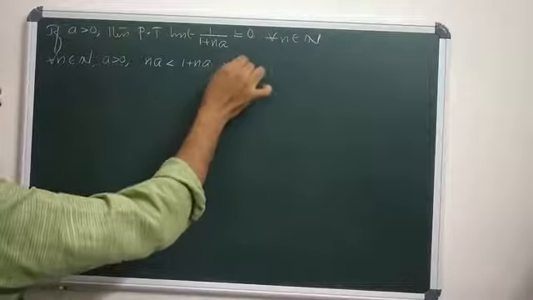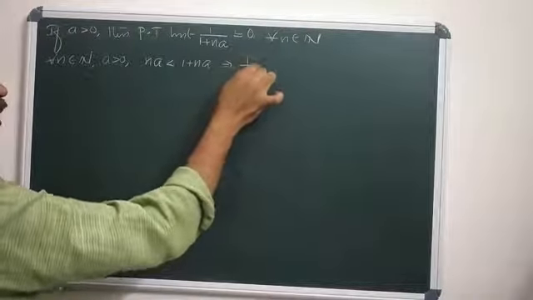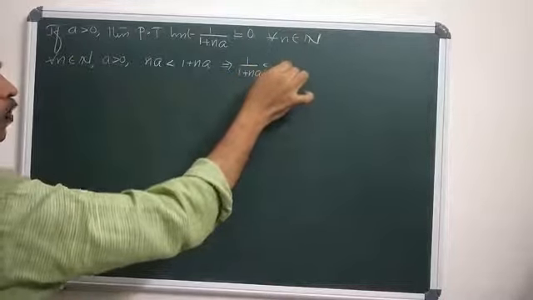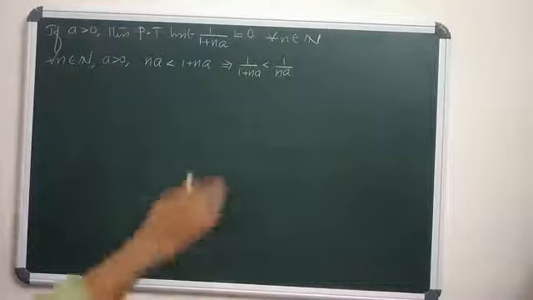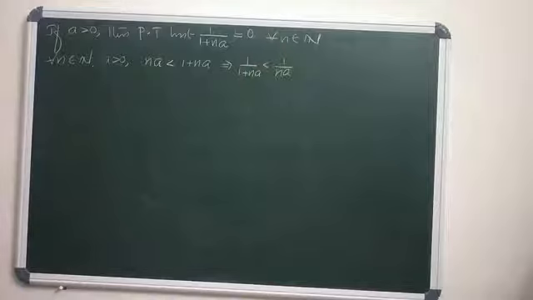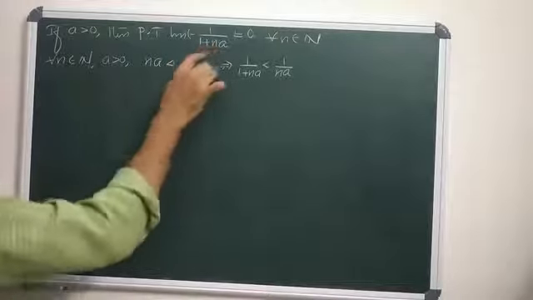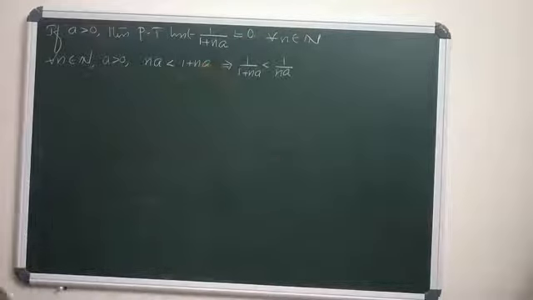Na less than 1 plus na means 1 by 1 plus na is strictly less than 1 by na. Agree. Now to show the limit of 1 by 1 plus na equals 0.